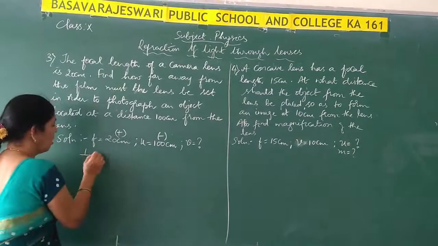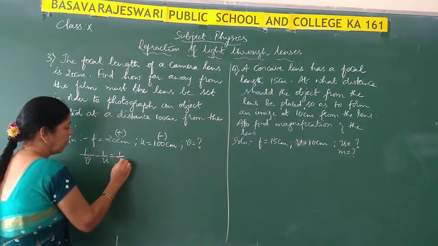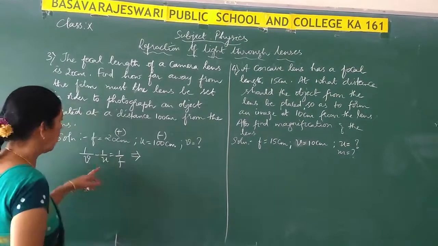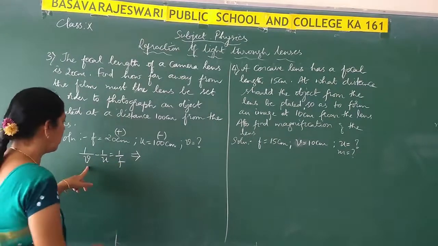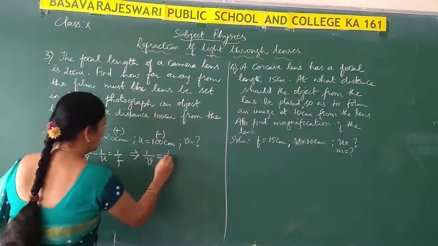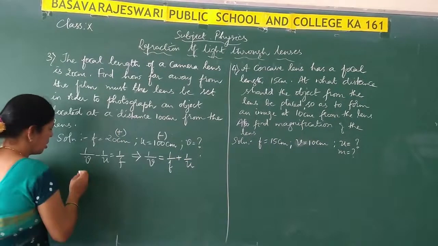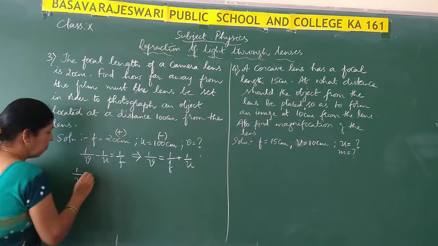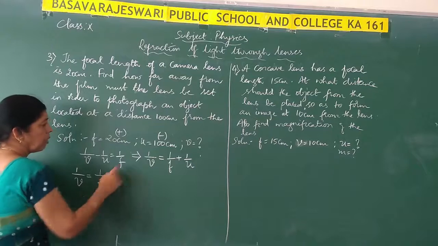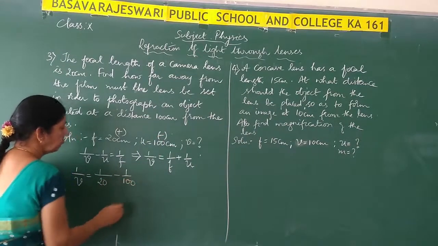So use the lens formula, 1 by v minus 1 by u is equal to 1 by f, is it not? Now what you have to calculate here? v we should calculate. So 1 by v will be equal to 1 by f plus 1 by u. Substituting, 1 by v will be equal to 1 by 20 minus 1 by 100.